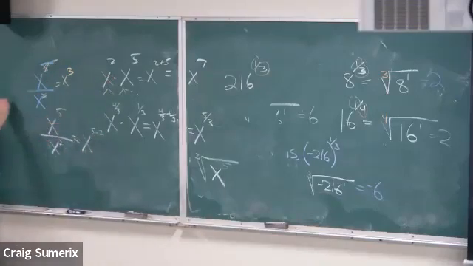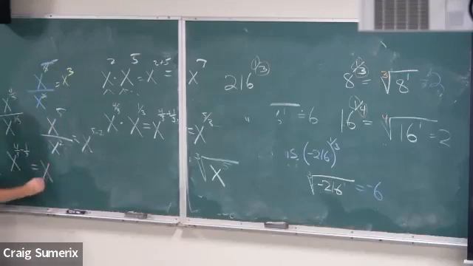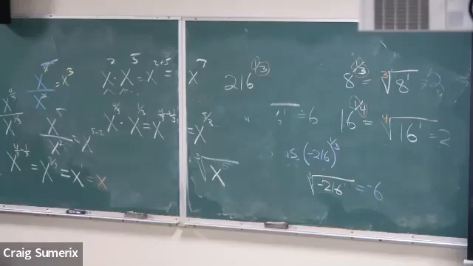So if they had it in exponent form like this, we can do the same thing. 4 over 3 minus 1 over 3. Can we subtract those? 3 over 3, which is just 1, isn't it? So even though they look weird because they're fractions, we can still handle them like we did earlier.